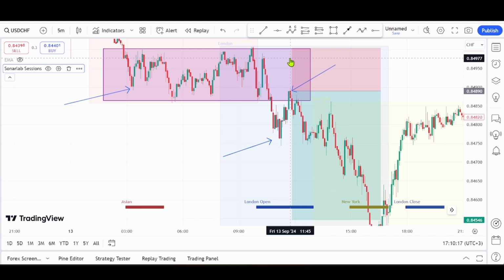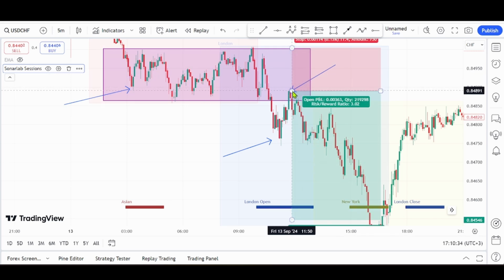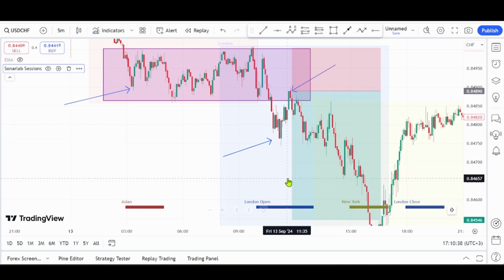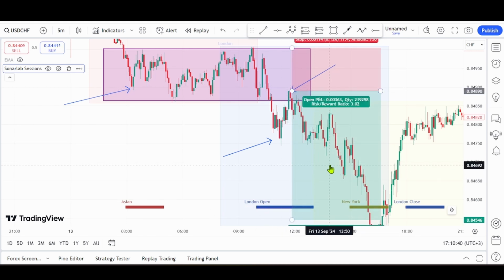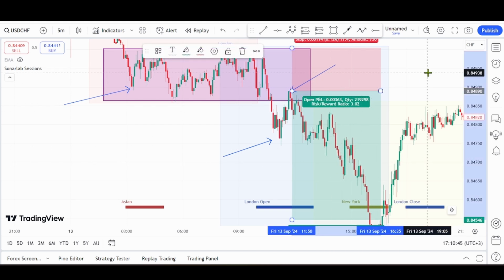The second stage is the distribution, where the market breaks this structure and closed outside this structure. Then the third stage is the retest here, and this is where you now look for an entry. And the fourth stage is the main distribution, getting into the market.